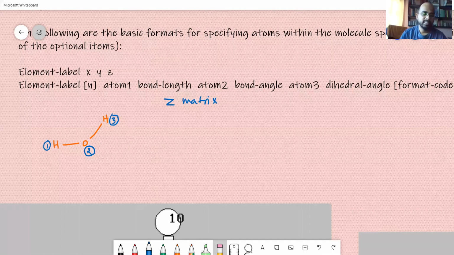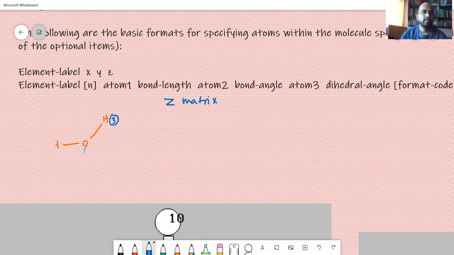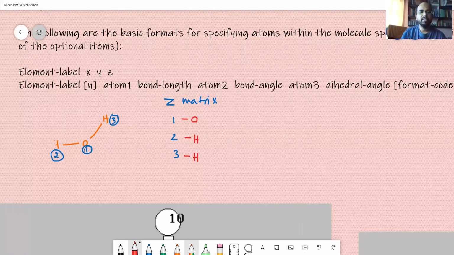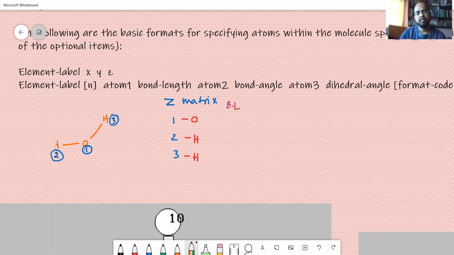I will first write 1, 2, and 3. This line represents the number of atoms. Then the next thing is 1 is oxygen, 2 is hydrogen, 3 is also hydrogen, because we are describing the Z matrix orientation in terms of bond length, bond angle, and dihedral angle.